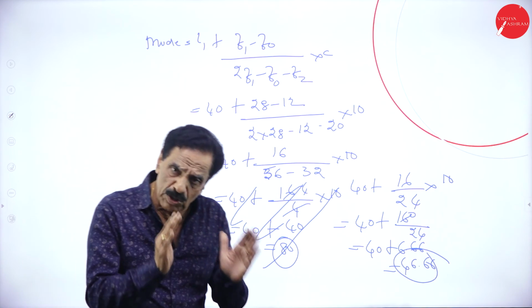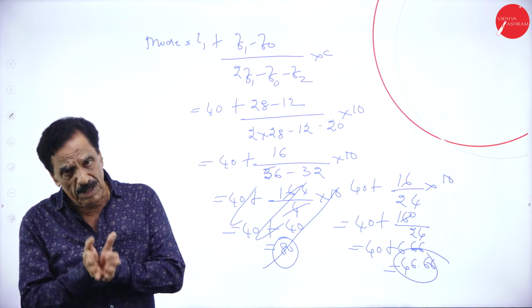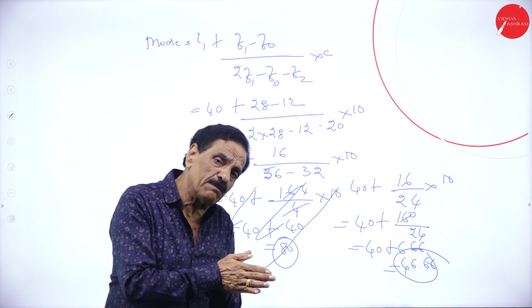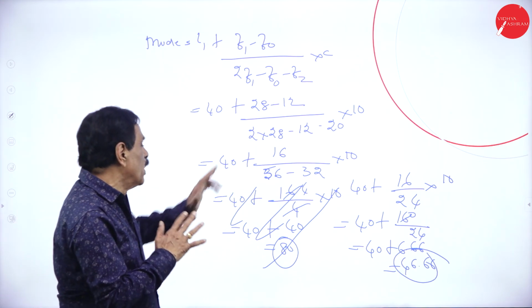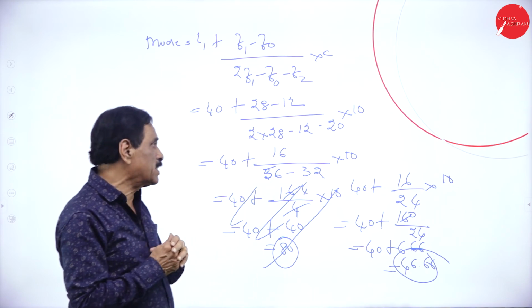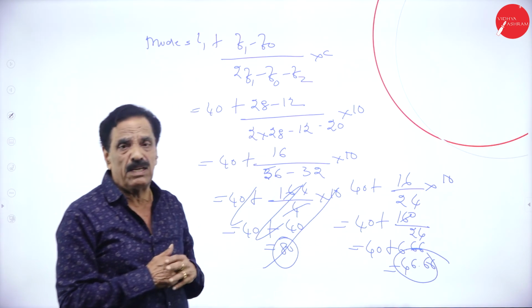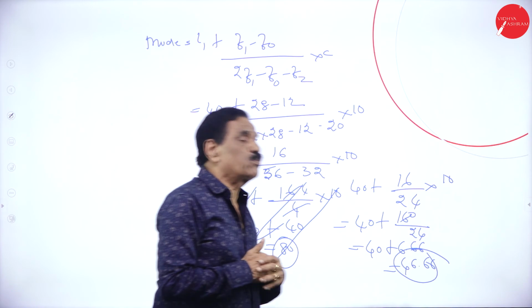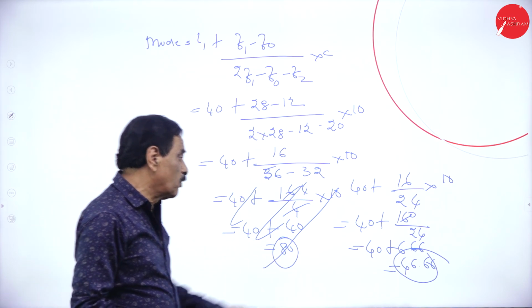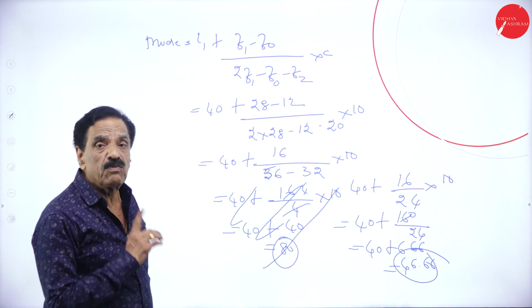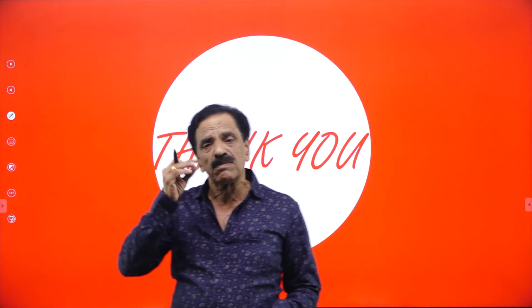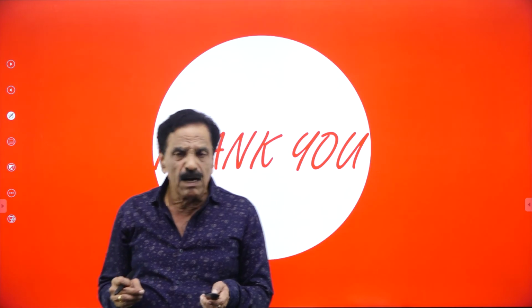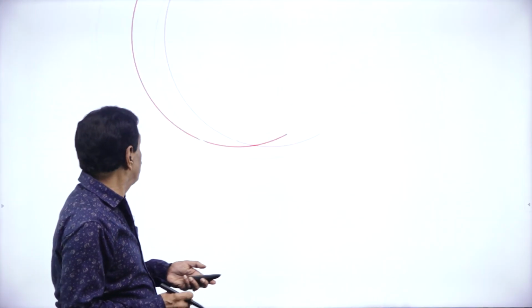So we have to find the mean, the median, and the mode. Sometimes a little mistake may happen, so go slowly. 160 divided by 24 is 6.66. It is 46.66.